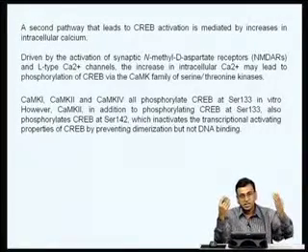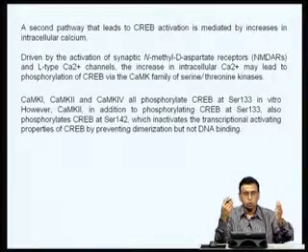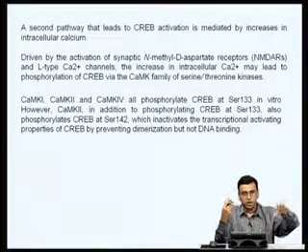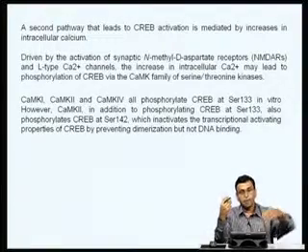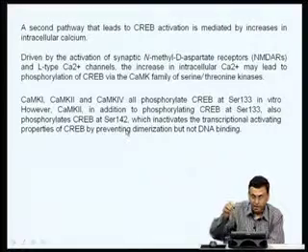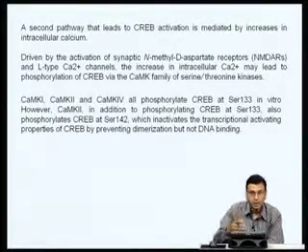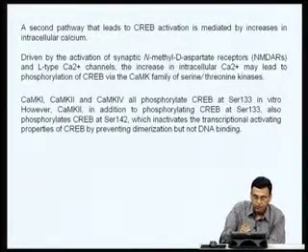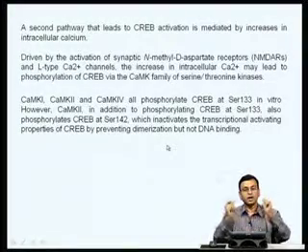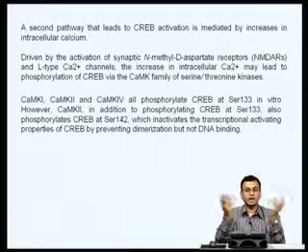When serine 133 is phosphorylated by either CaM kinase 2 or by protein kinase A, it results in the interaction of CREB with P300, resulting in the activation of transcription. But when CaM kinase 4 phosphorylates serine 142 of the CREB, it actually results in repression of transcription, because serine 142 prevents dimerization of the two CREB molecules, and therefore CREB cannot activate transcription.